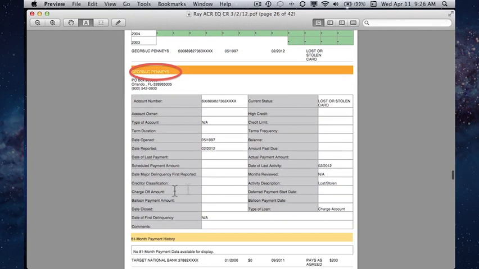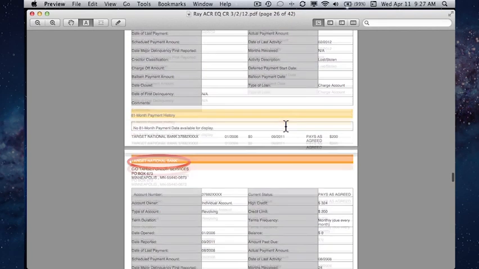And again, all of the information is always laid out here. Notice there's far more information available to fill out than is actually completed. So that's why it's important to have the different credit reports so that you can have the most information about each trade line. All right, continuing.